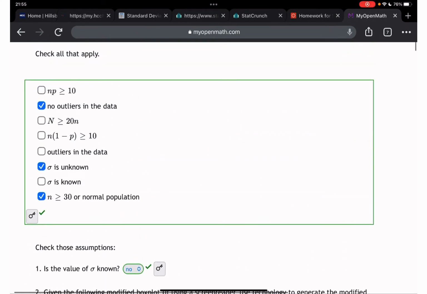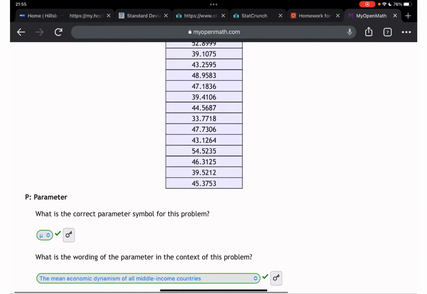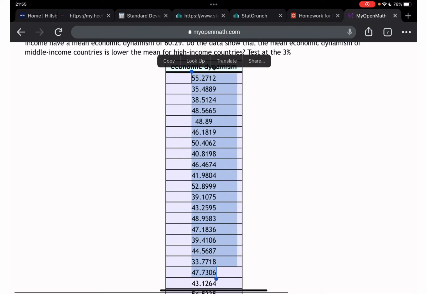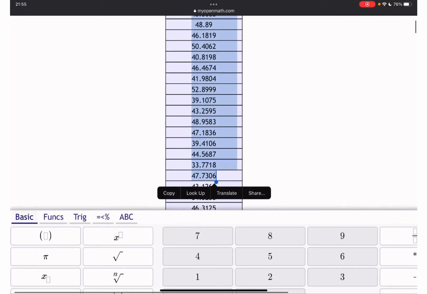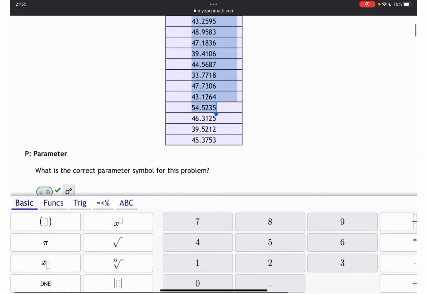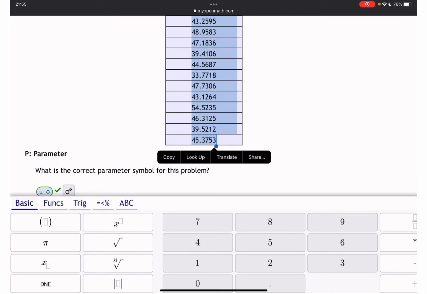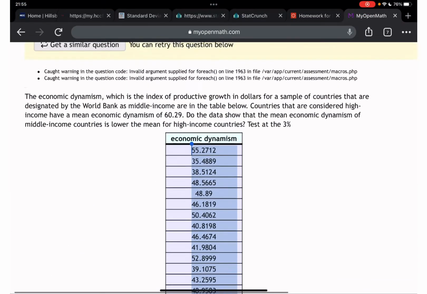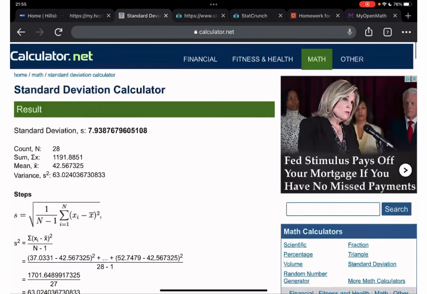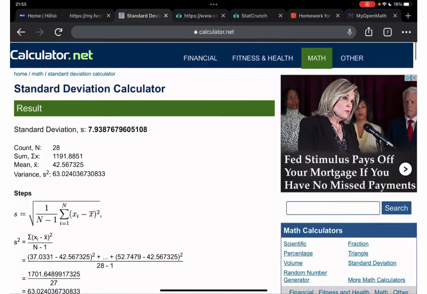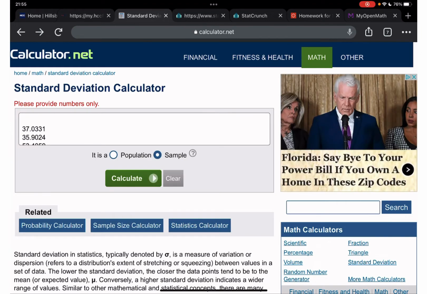So I need the data, copy the data here. There we go, copying. And then I'm going to paste it here.